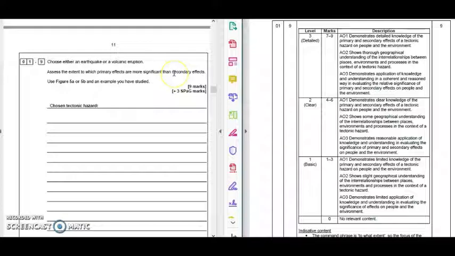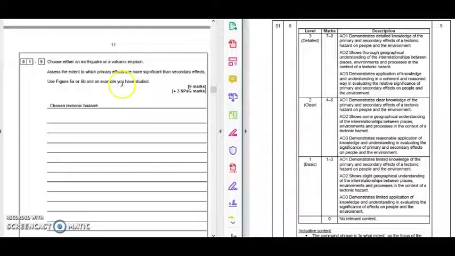Secondary effects, again, just like Haiti, what is going to be a big secondary effect? Well, it's going to be the money. Obviously, New Zealand are a HIC, they've got the funds, and the disruption was minimised by the fact that they could sort it out straight away and get people back to school and work fairly readily.